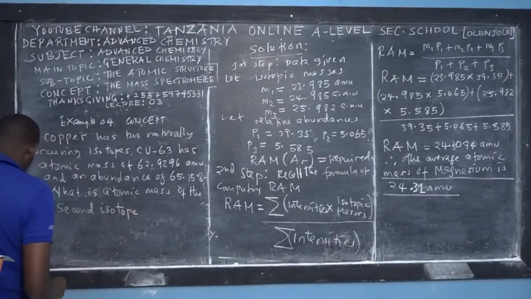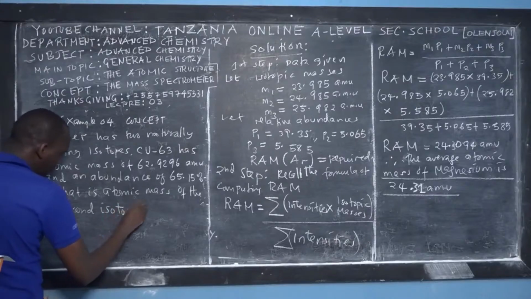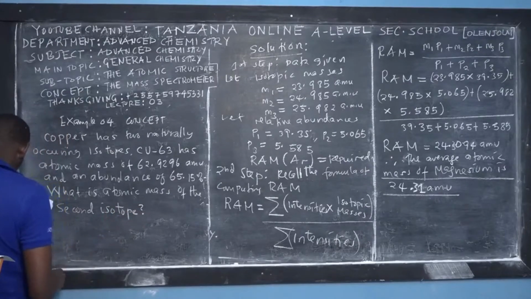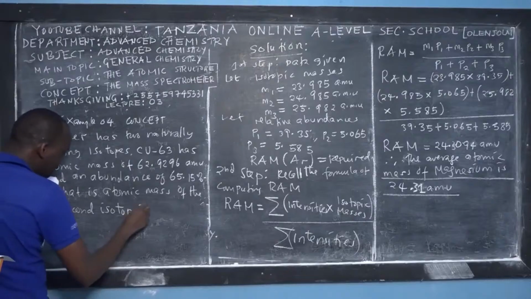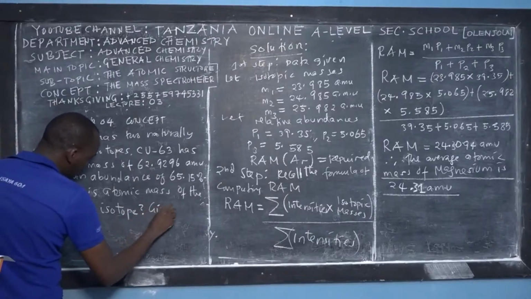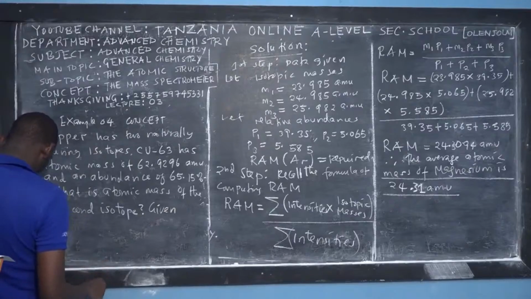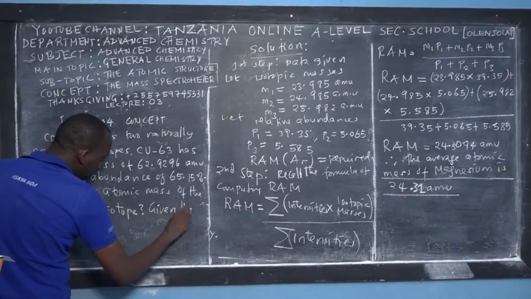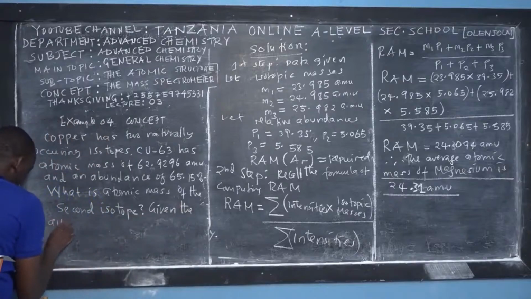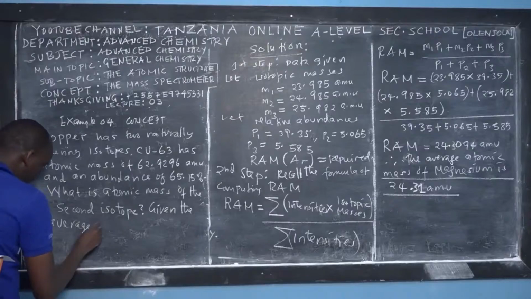Remember, the concept of mass spectrometer is new. You haven't learned it during the O-level studies, so we are introducing it to you for the first time. Given the average atomic mass of copper, you know the meaning of average, it means relative atomic mass.